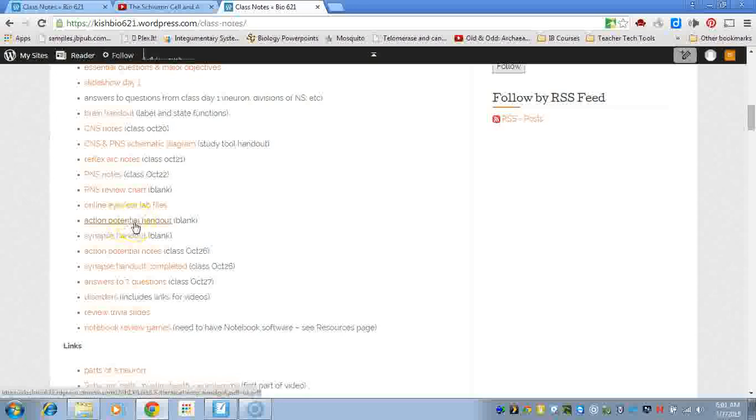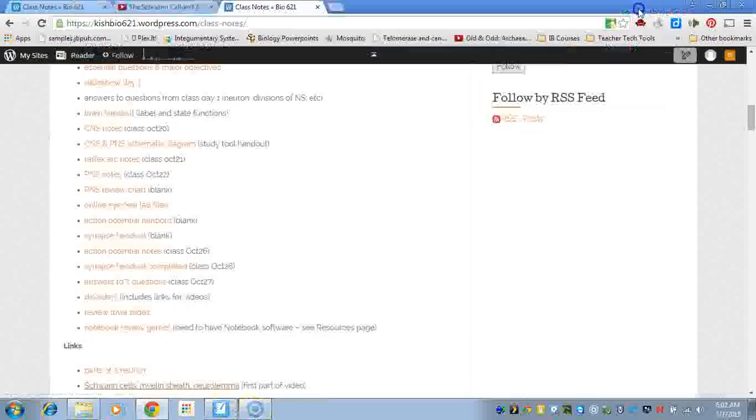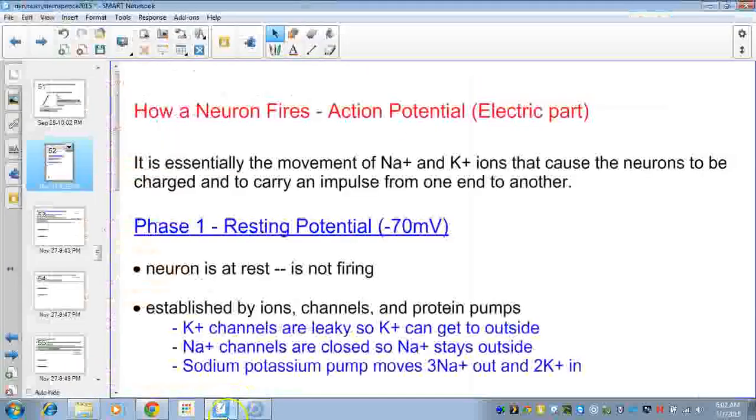The action potential handout gives you places to jot down information, focusing on the electric part of the message and how it is transmitted along the neuron. In the next video, we'll probably cover what happens across the synapse, the chemical part of the message. It would help if you had that in front of you so you could sketch along with us.